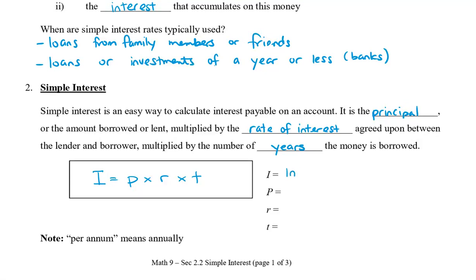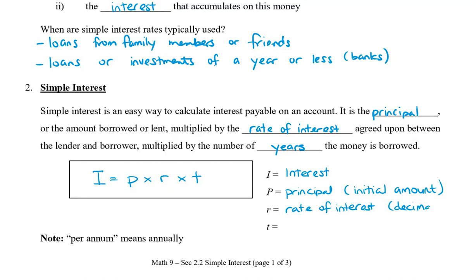So I is our interest, which is a dollar value. P is the principal. And some people actually also call this our initial amount, because that's how much we start with. And then we have our rate of interest. Now the rate of interest has to be written as a decimal.